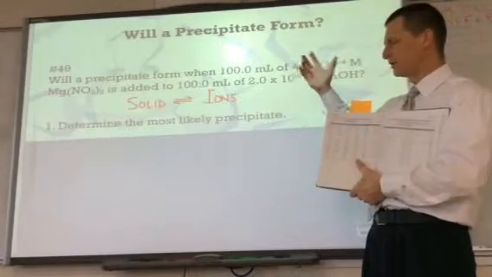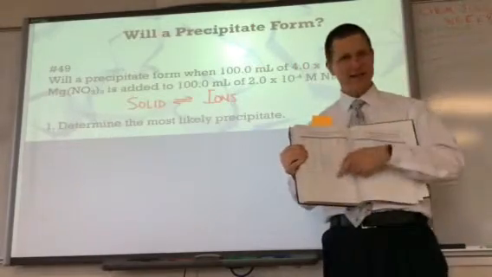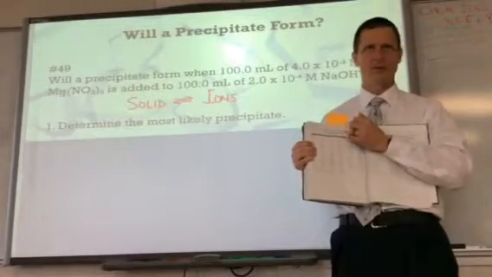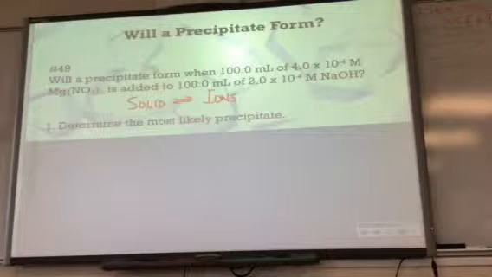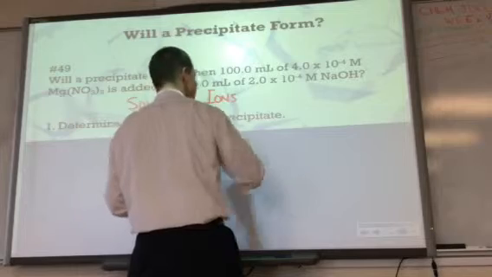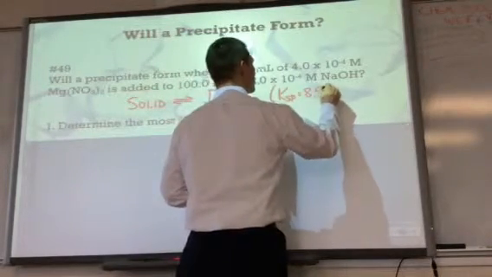If you don't really know what else you can do, look for a combination of two of these ions in this table, because this is all the not very soluble things that you would have to worry about. And magnesium hydroxide is on here. In fact, while I'm looking at this, I'll write down its Ksp value is 8.9 times 10 to the negative 12. We'll need that.